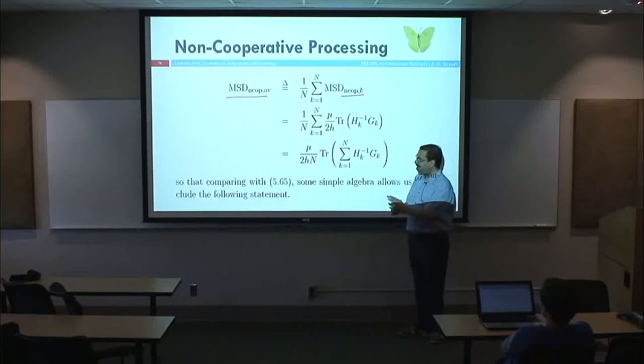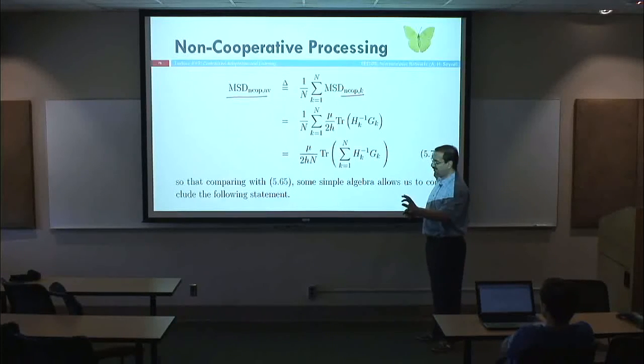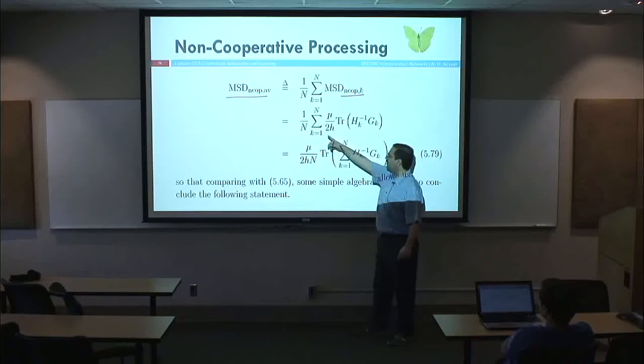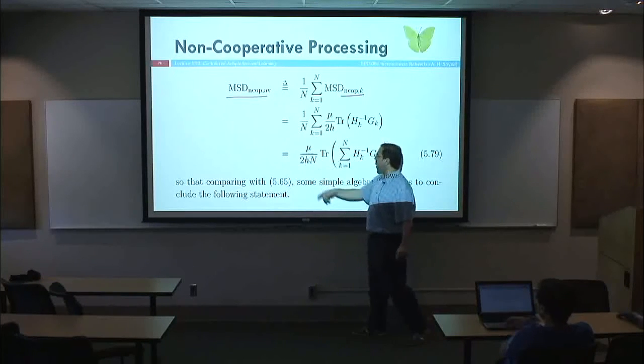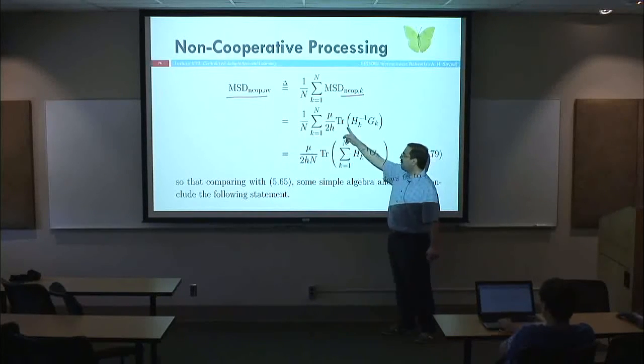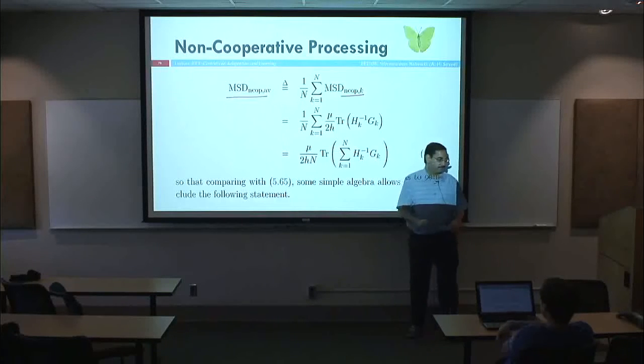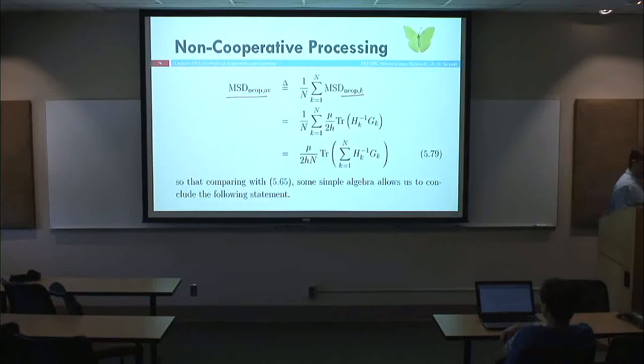Okay, so remember, the non-cooperative solution is running a gradient descent algorithm with step size mu. The centralized solution, mu over n. So this is the average, so I can take this out, here it is. The sum of the traces is the trace of the sum, right? So in the general case, for general costs, remember in the mean square error case, if you recall, this term looked like this, mu M, and then the average of the noise.